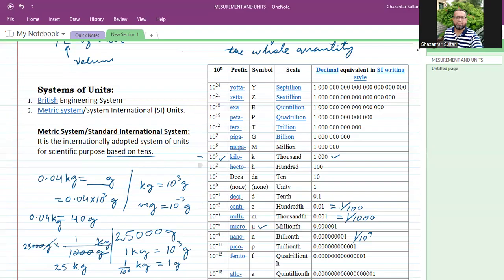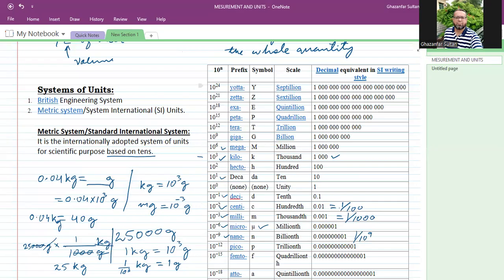But what we usually use is mega, kilo, very rarely hecto, deca, and deci, 1/10, centi, milli, micro, and nano. These are commonly used in our calculations.